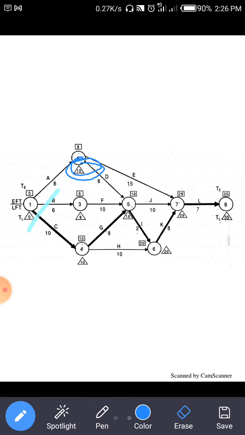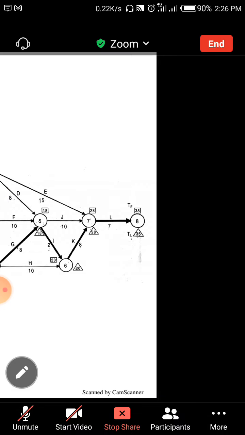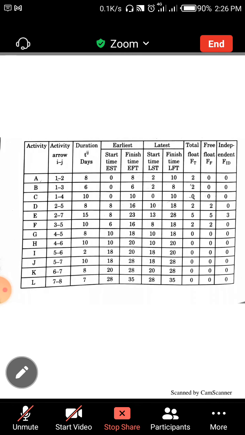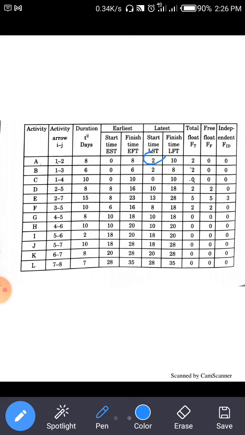So same thing we write in the table: latest starting time is 2 and latest finish time is 10.